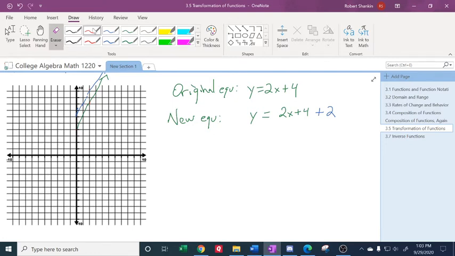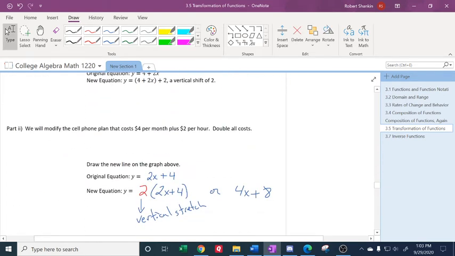Okay, so when we doubled, in the end, well, look at the height of 4 becomes a height of 8. And then all the other ones, it's now going to have a new slope. 4x plus 8 has a slope of 4.